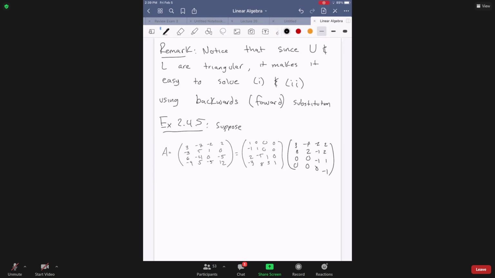Okay. So use LU to solve AX equals B, where B is equal to, say, -9, 5, 7, 11.